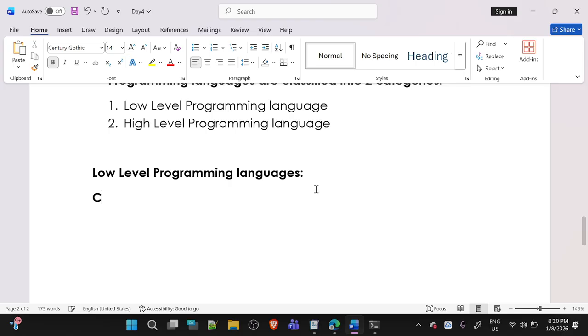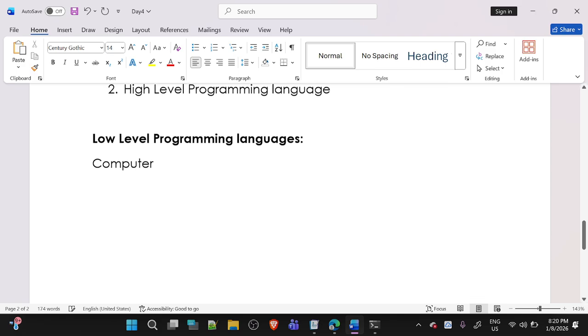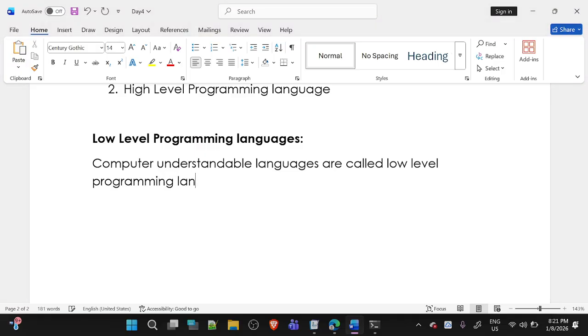So we can say computer understandable languages are called low level programming language, right?